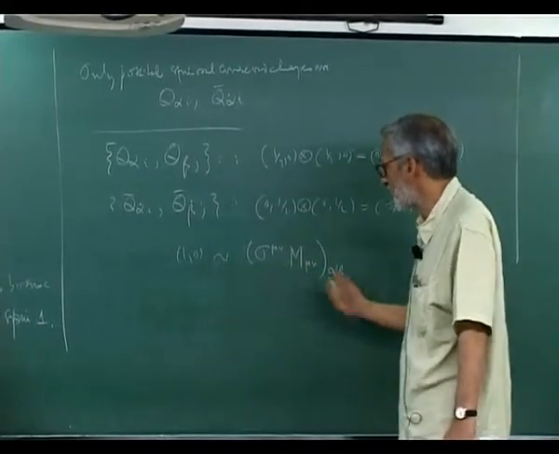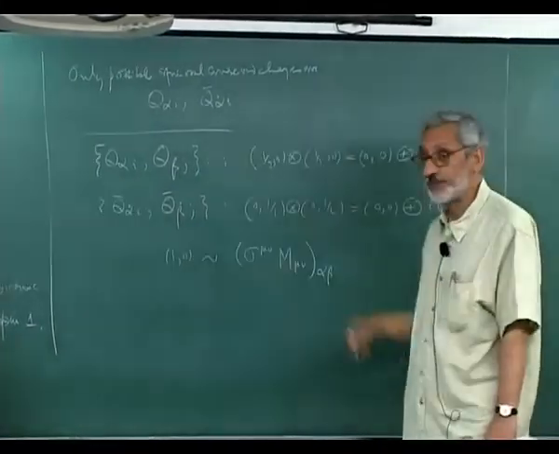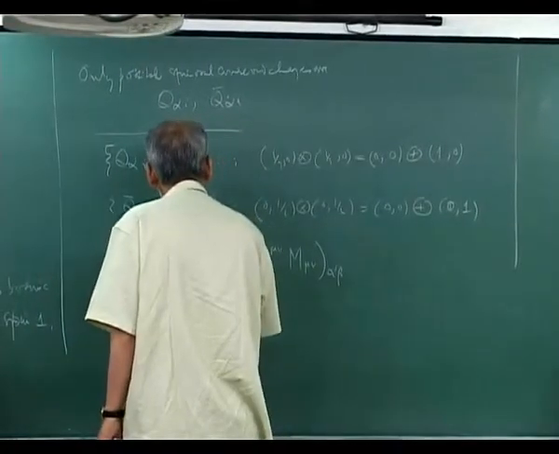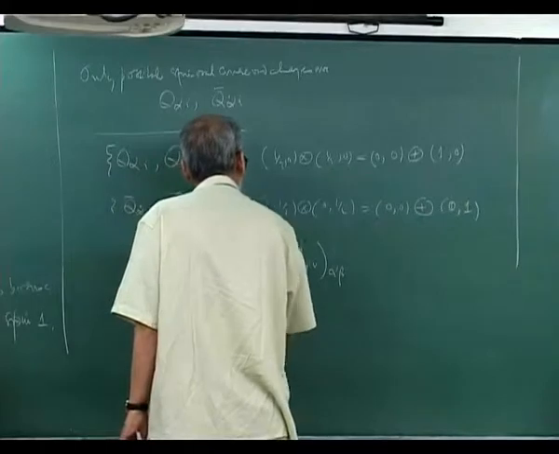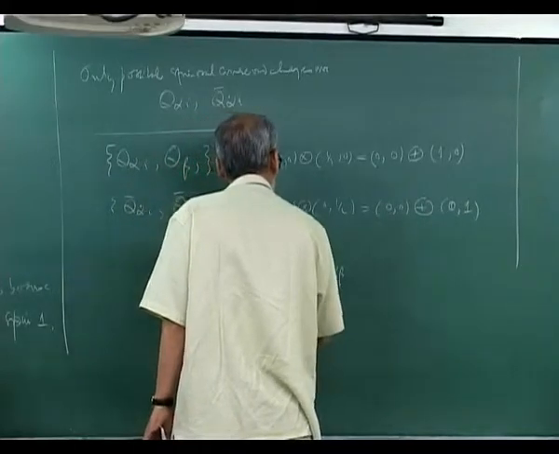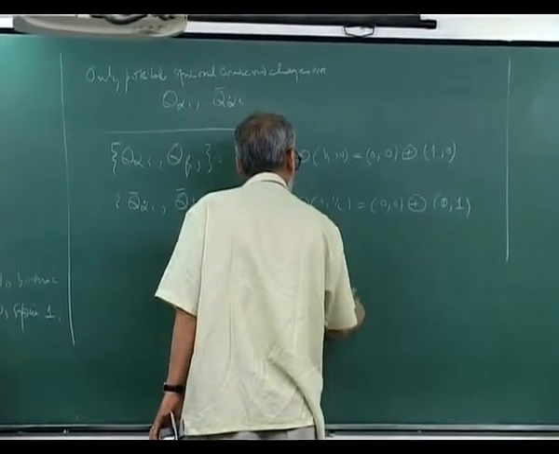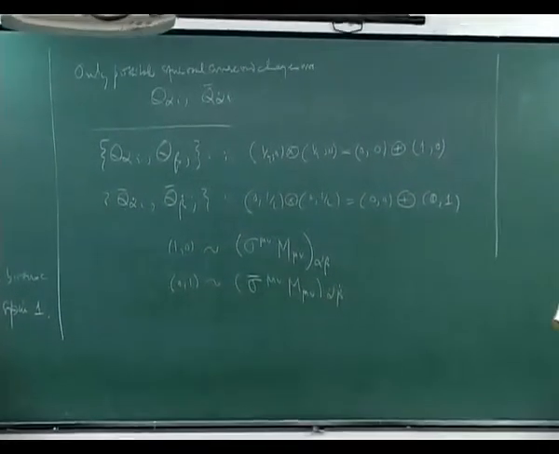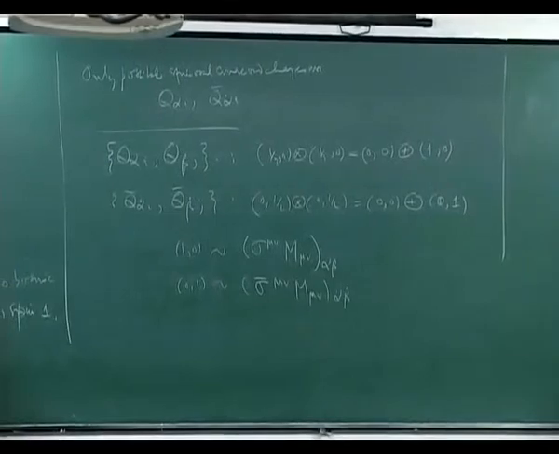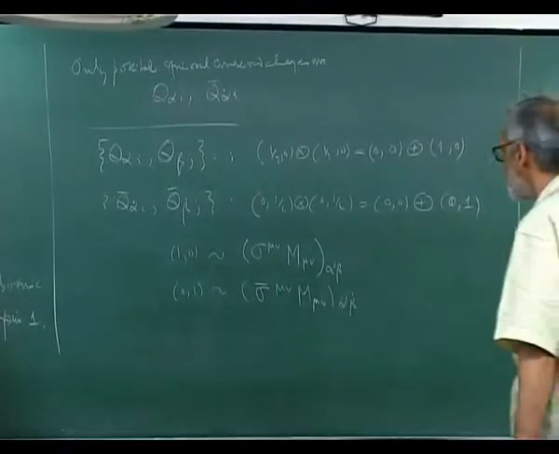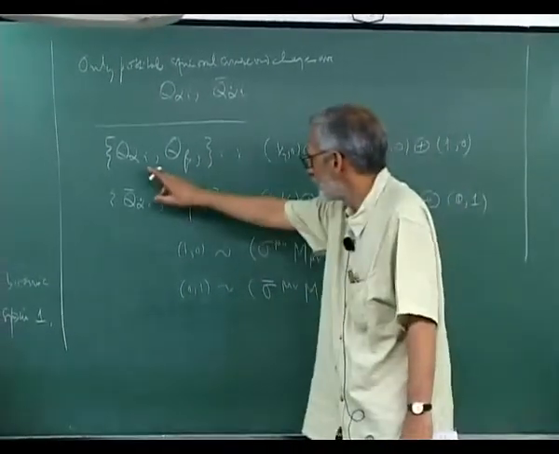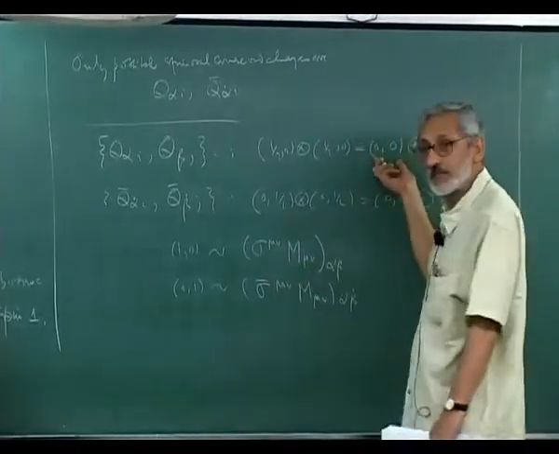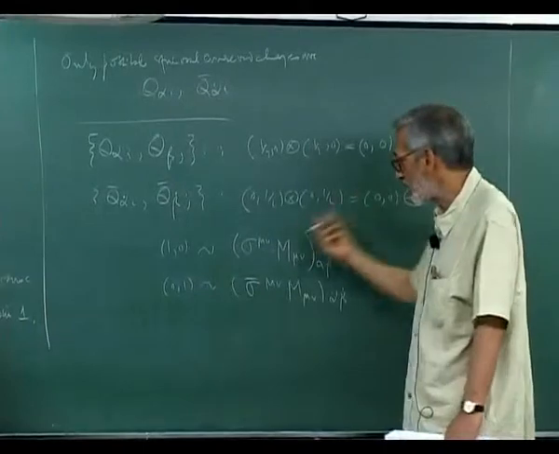So this object could be this one. Similarly, this object here could be sigma mu nu bar M mu nu times the alpha dot beta dot component. So this commutator could have one piece like this. We have not analyzed this piece, we are analyzing this piece. It could have one piece like this.